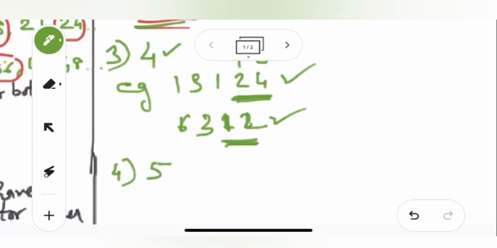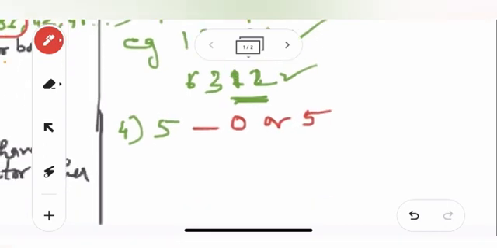Next is 5. 5 is very easy. If the digit in the ones place is either 0 or 5, then the number is divisible by 5.